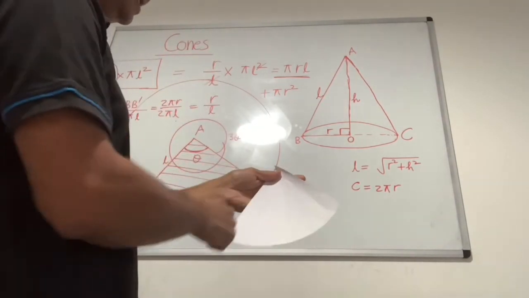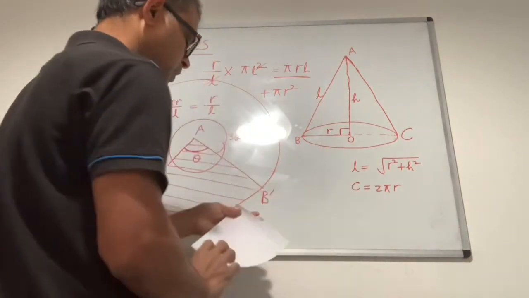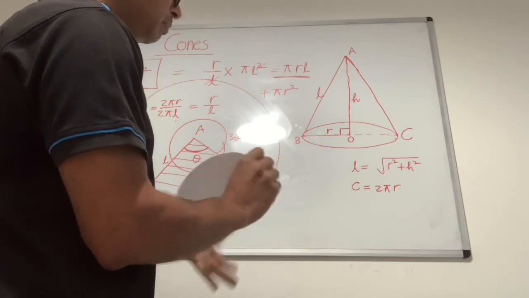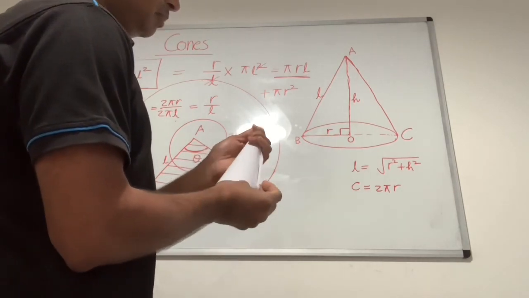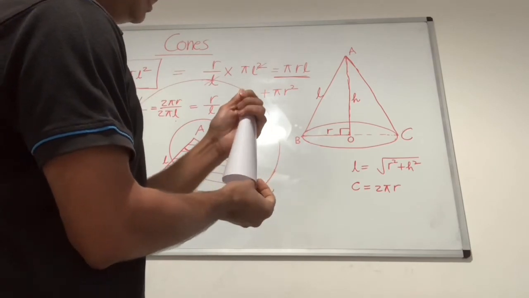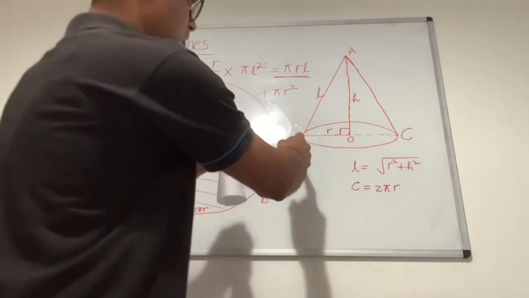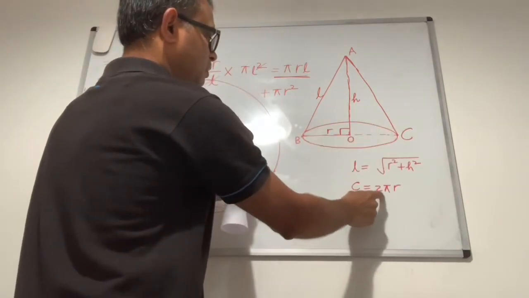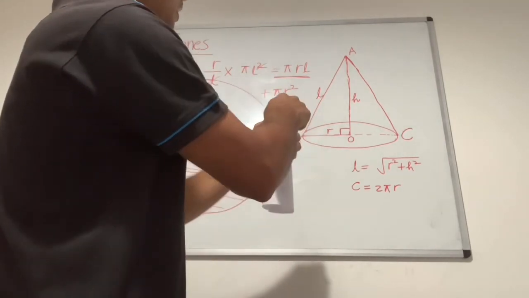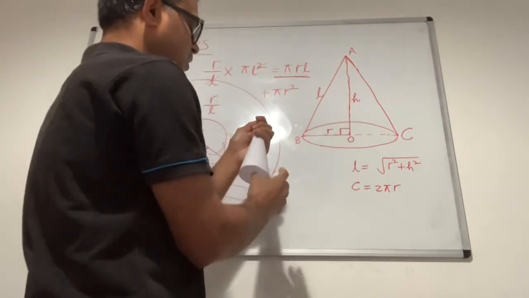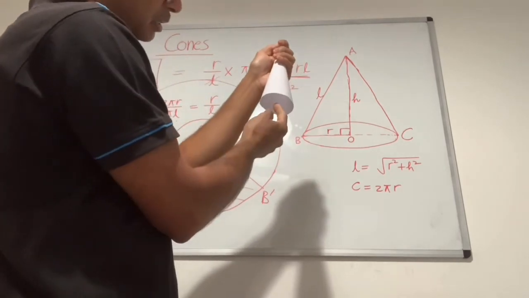So this L, this L, and this small 2 pi R here finally would become a cone like this. This is the circumference of this cone, which is coming from 2 pi r, because the radius of the circle is small r, and this is the height. The height is when you drop a perpendicular from this point to the center of the circle.